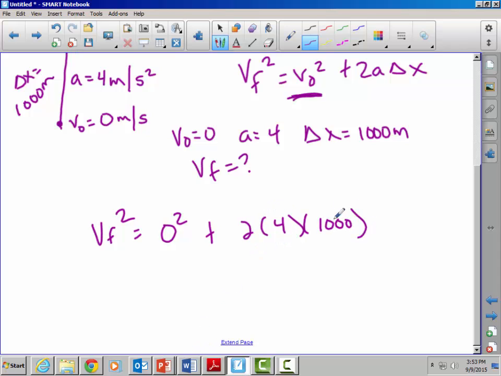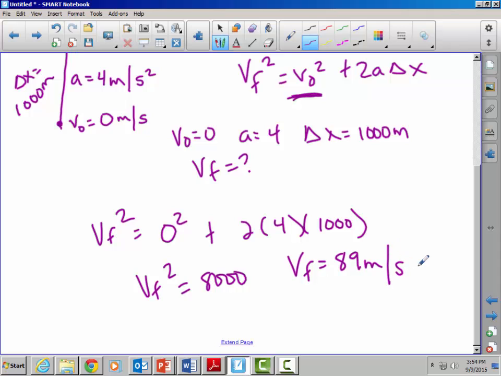So 2 times 4 times 1,000 is 8,000. And I guess that's a really fast model rocket, because that's going to be going 89 meters per second, which is pretty fast, but that's okay.